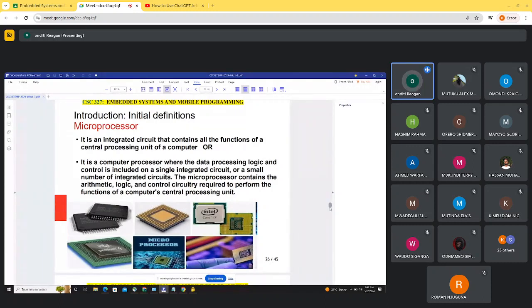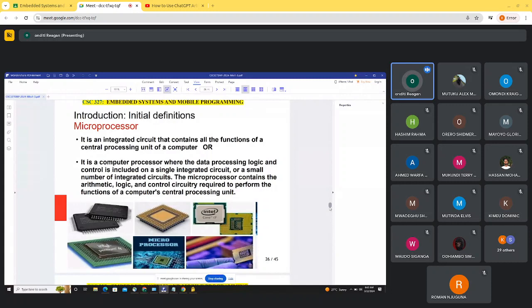So if you understood your digital circuit class well, you'll realize that there is what we call controls. And how do controls work? There are those things we call logic, and how does logic work? All this is implemented on the microprocessor. The microprocessor contains arithmetic, logic, and control circuitry required to perform the functions of a computer central processing unit.